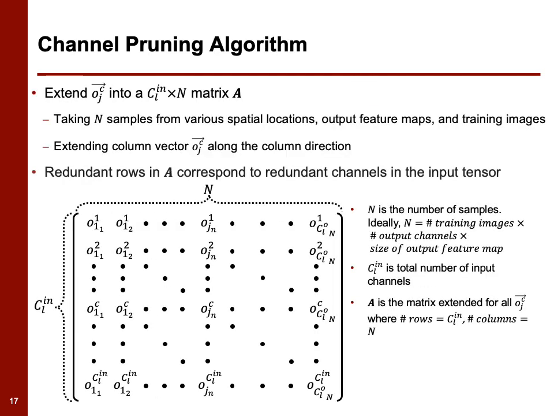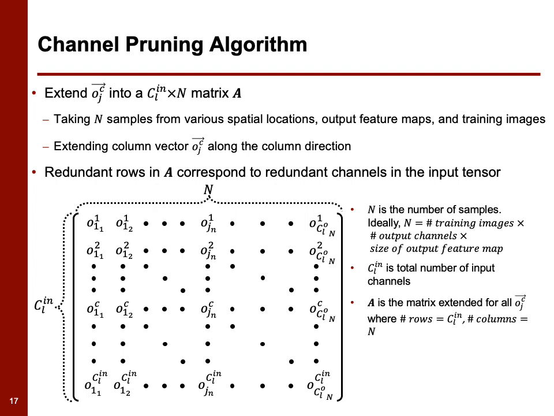The extension of such analysis is done by extending the OJC vector into a CLN by N matrix A. Specifically, matrix A is generated by taking N samples from various spatial locations, output feature maps, and training images, and then extending the column vector from these samples along the column direction.